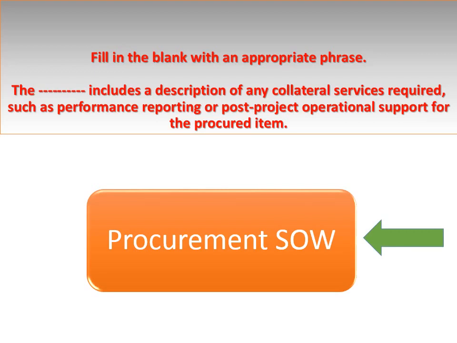Answer. Procurement SOW. Explanation. The procurement SOW consists of a description of any collateral services required, such as performance reporting or post-project operational support for the procured item. The procurement SOW is revised and refined as required when it moves through the procurement process until incorporated into a signed contract award.